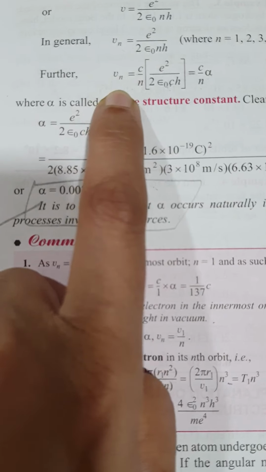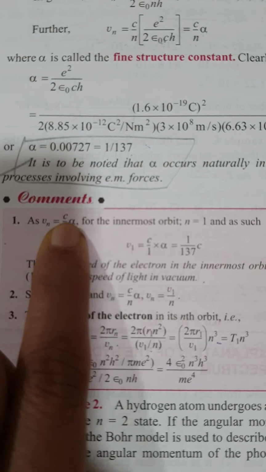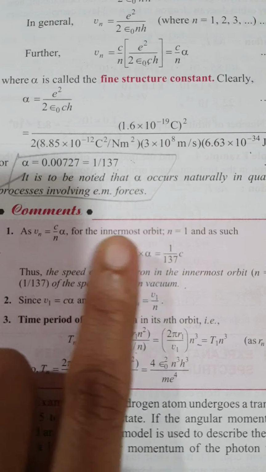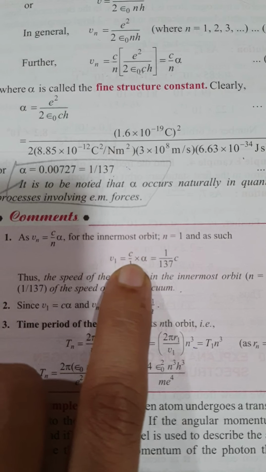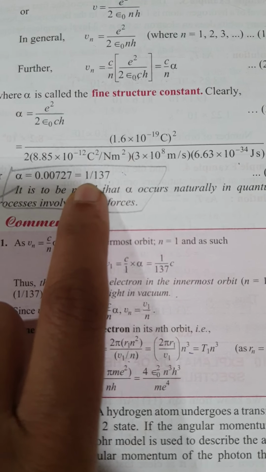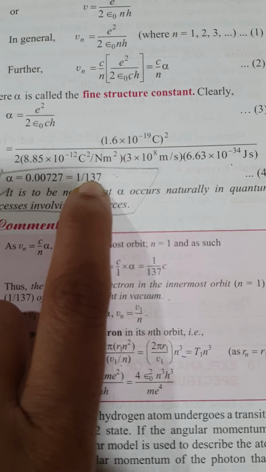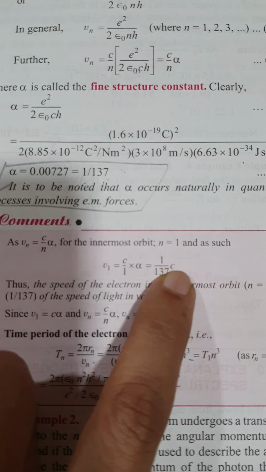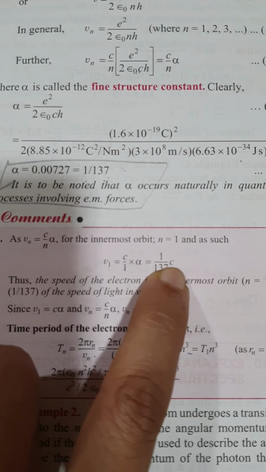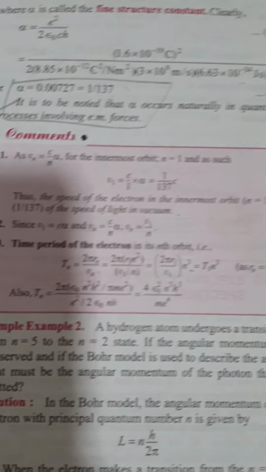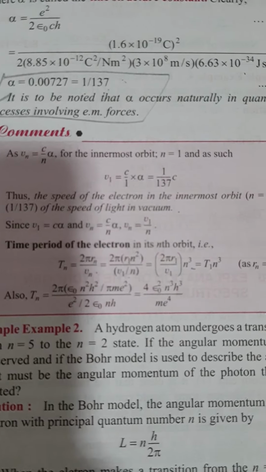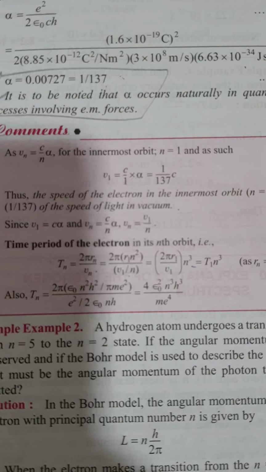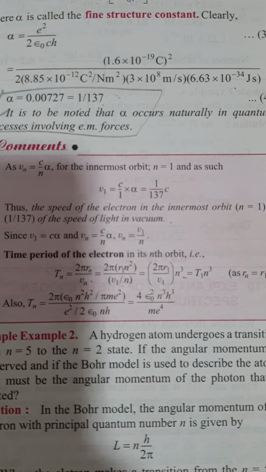So if I substitute that value here, Vn is c by n times alpha. For velocity of the electron in the innermost orbit, if I take n equal to 1, that is c by 1 times alpha, the fine structure constant 1 upon 137. So V1 is 1 upon 137 times the speed of light. You can imagine how fast electrons are moving in the innermost orbit. And in general, Vn is equal to V1 by n, right?